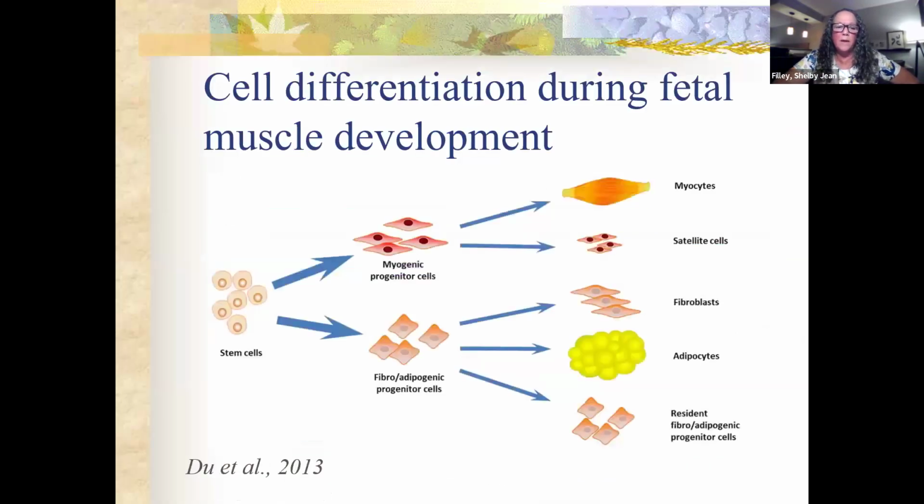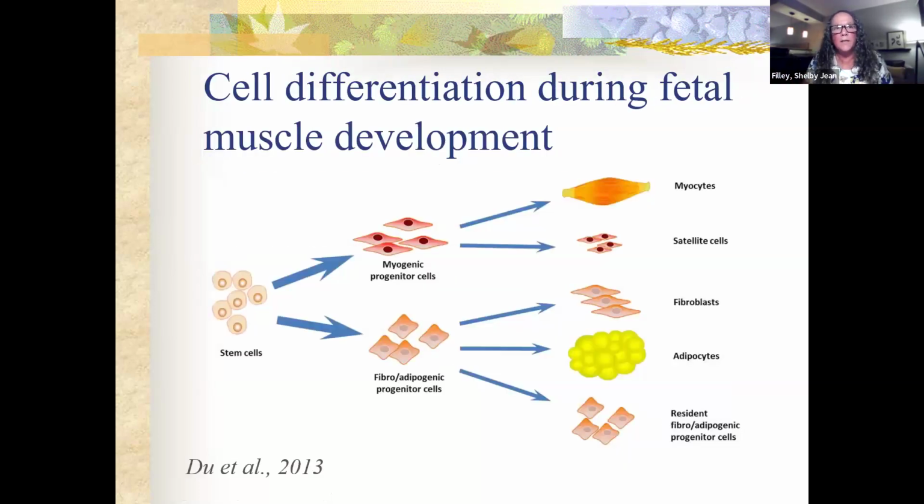So he looked at the different cells, the stem cells, which can differentiate into either the muscle cell or the fat cell. And so these progenitor cells will go into different types of muscle or different types of fat cells. And these are all done at different times of the fetal development.